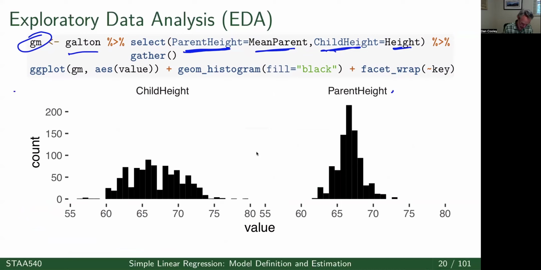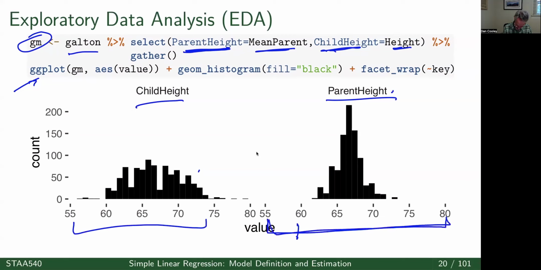All right, so then what we're gonna do is make a kind of a joint histogram here of child height and parent height. And so here is our histogram of children's height. Here's our histogram of parents' height. One thing that we notice right away is it appears that the spread of the data, notice that we're roughly on the same scale here.